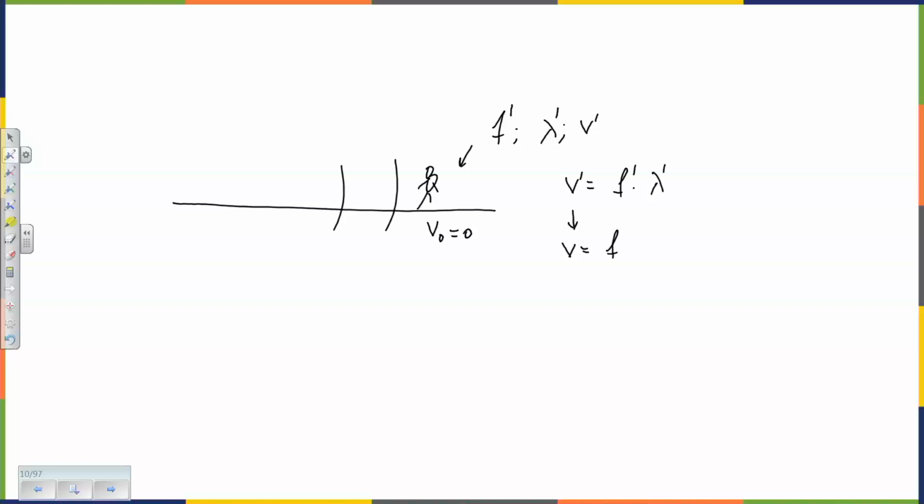This is the frequency of the sound experienced by the observer. And this is supposed to be that new wavelength, which we know is supposed to be equal to this.